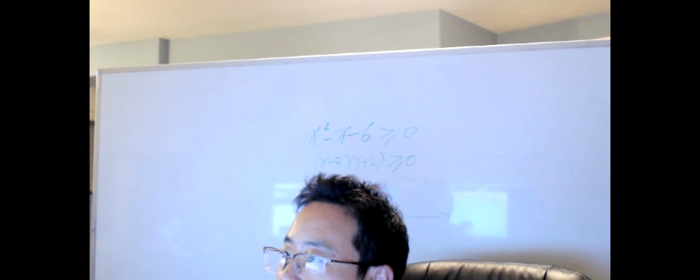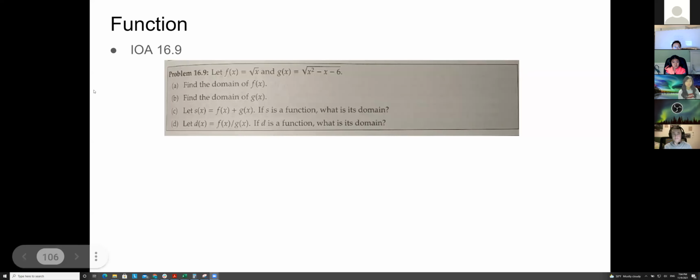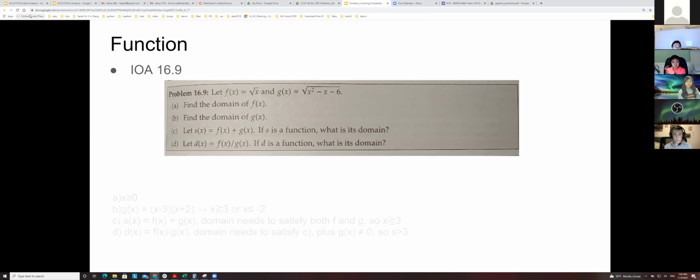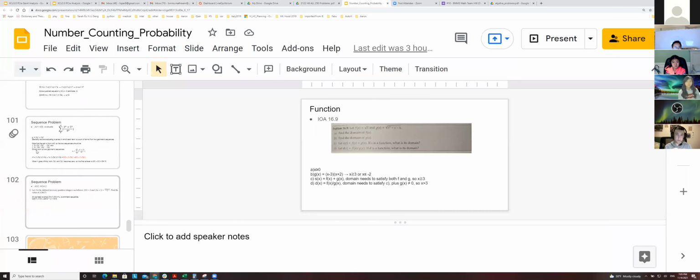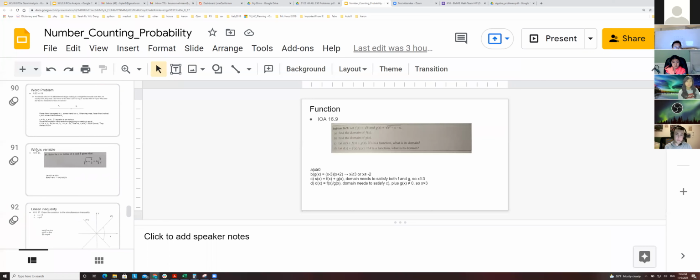And I want to go back to where we were, and hopefully I can still find this inequality we covered two weeks ago.